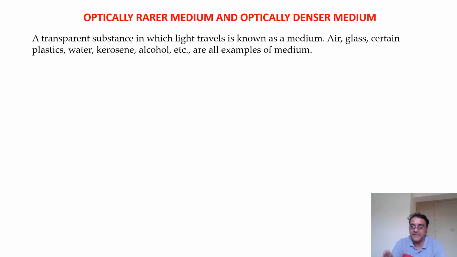A medium in which, now listen carefully, the speed of light is more, जिस मीडियम में लाइट का स्पीड ज़्यादा होता है, that is known as optically rarer medium. And a medium in which the speed of light is less, जिस मीडियम में लाइट का स्पीड कम होता है, उसको हम लोग बोलते हैं डेंसर मीडियम.